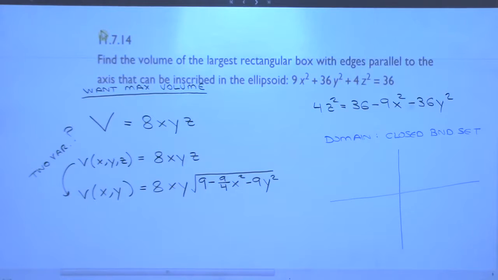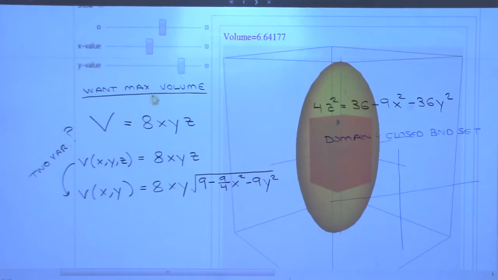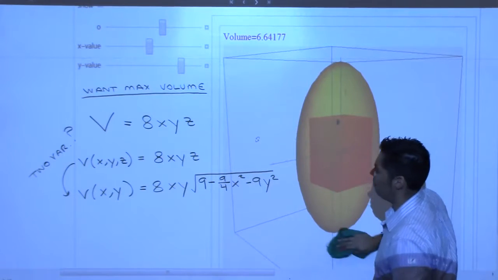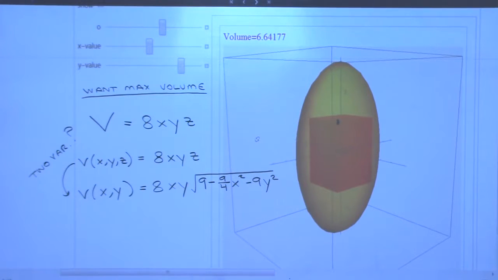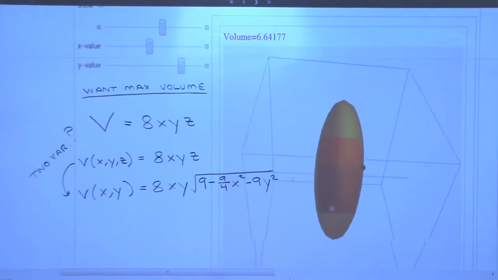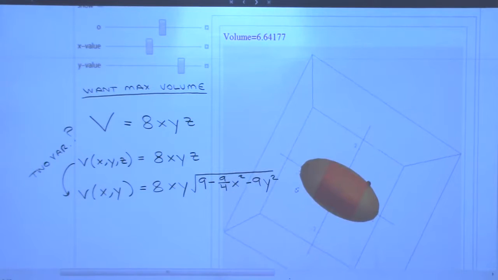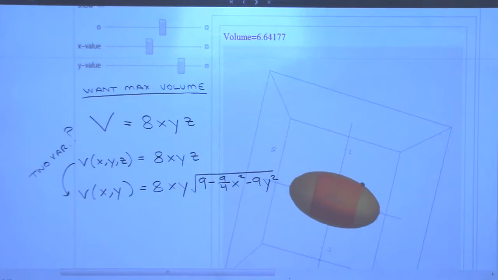Okay, so yes, I agree with you, but let me go back to the picture. Might be a little easier to see. I'll have to erase what I just wrote. What I'm going to do is flip this picture over, and we're going to look at it from the top. Okay, let's look at it from the top.